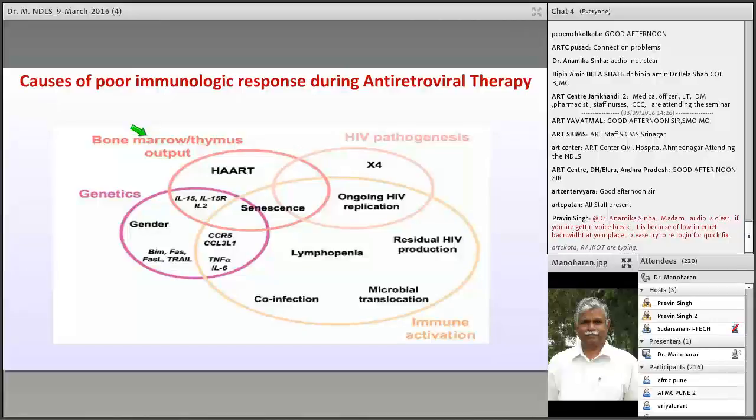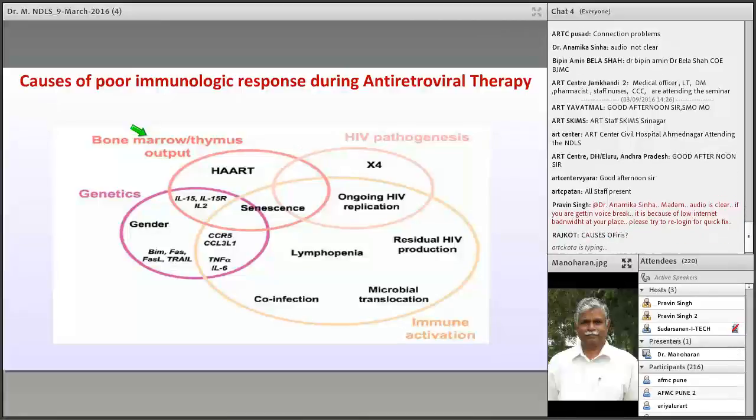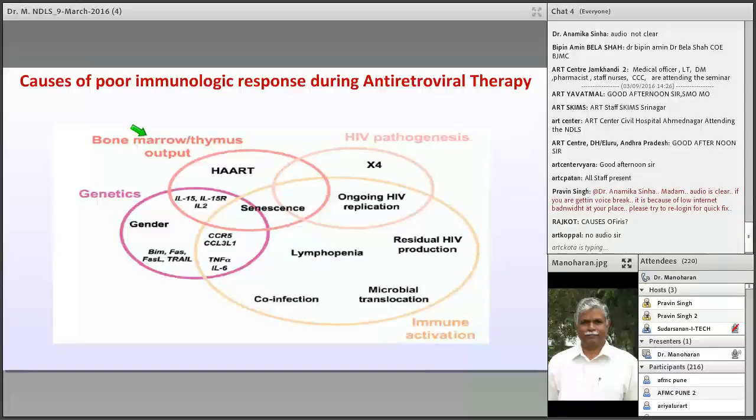Another factor is that HIV infection per se impairs the hematopoietic stem cell metabolism and thymic function. And some of this impairment may be partially irreversible. That is why, even if you start antiretroviral therapy, the thymic output of naive CD4 cells remains suboptimal in some patients, leading to poor immunological response.